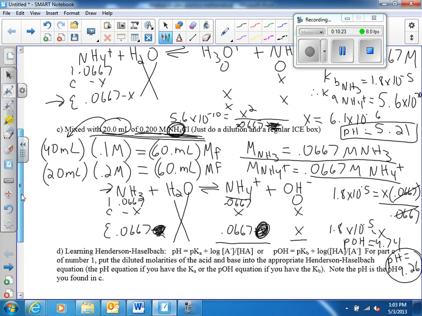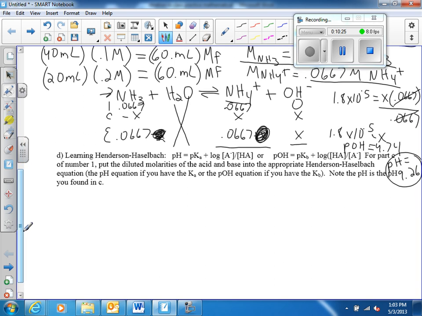Okay, so now, part D, learning Henderson-Hasselbalch. pH is pKa plus log of A minus over HA. Okay, so now there's actually a much easier way to do these problems, Henderson-Hasselbalch. So pH is pKa, which is negative log of the Ka. We're going to do this for part C of number 1.